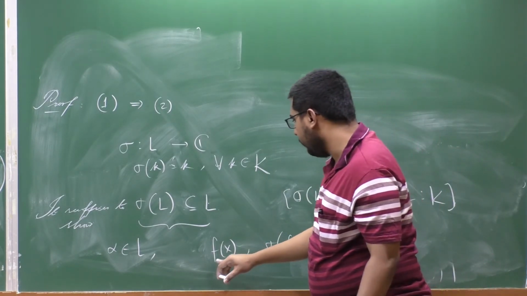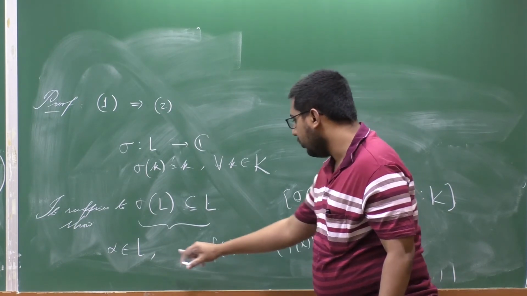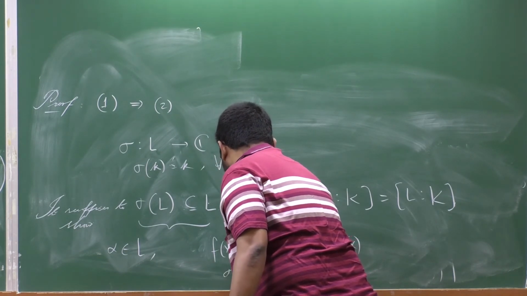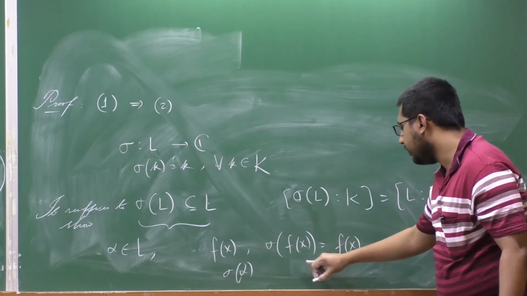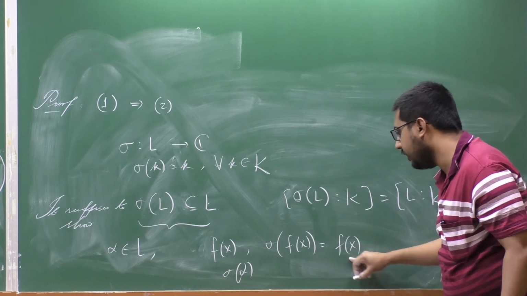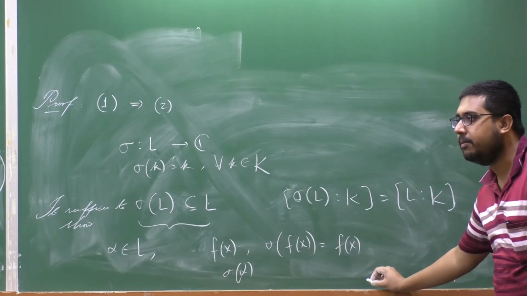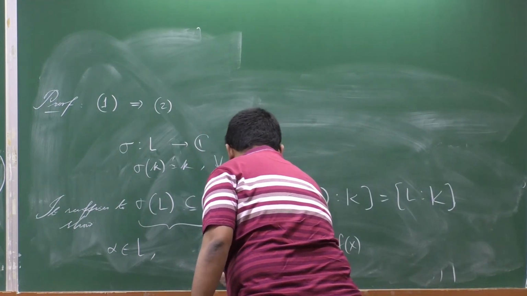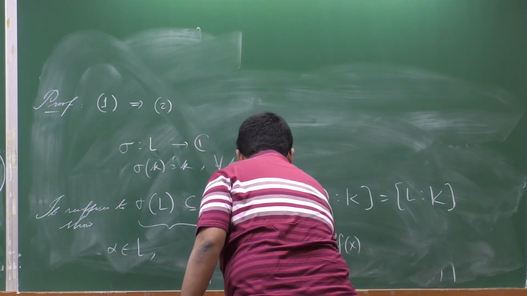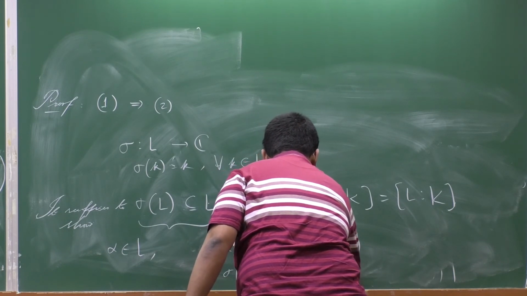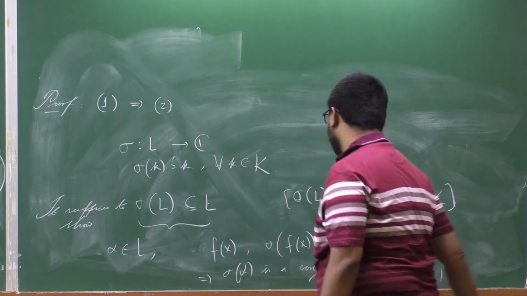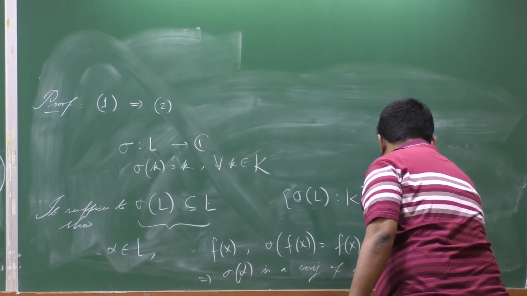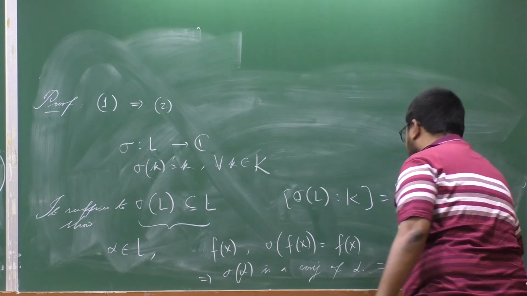We have already observed that sigma of alpha has to be a root of sigma of f, which is f. Therefore, sigma of alpha is a conjugate of alpha. Since L is closed under taking conjugation, this forces sigma of alpha to belong to L as well.